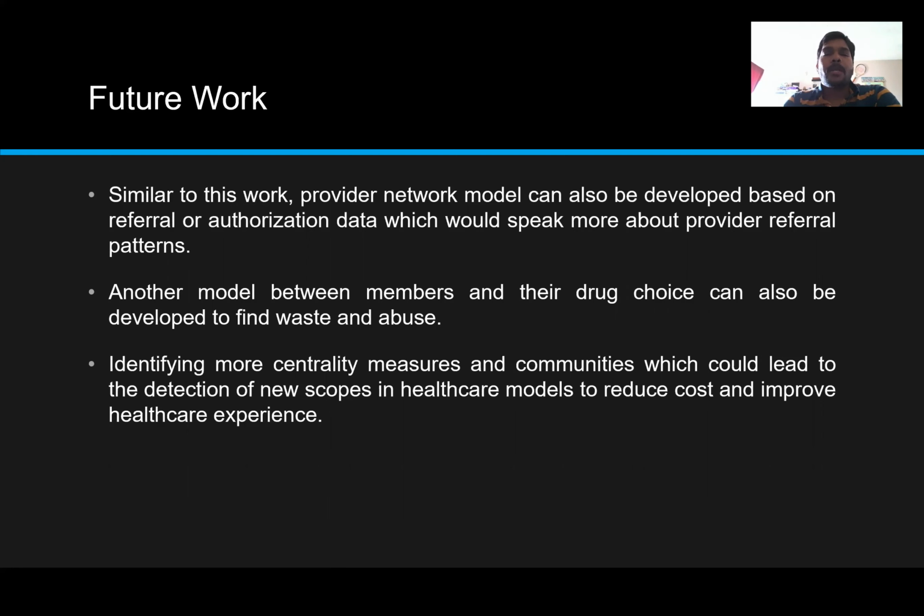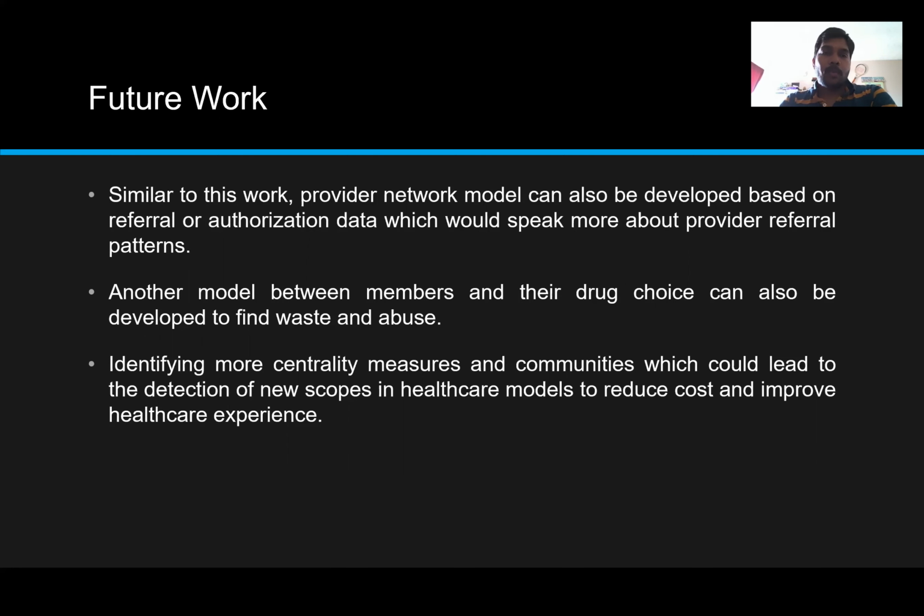Another model can be developed between members and their drug choices, to see whether the drugs used by the members are really needed, or whether it is a kind of waste and abuse by the plan members. That can be implemented using the same network model.